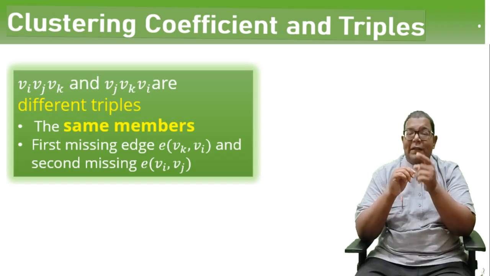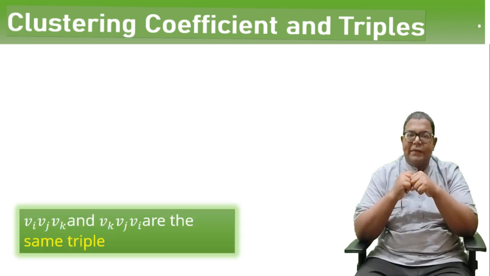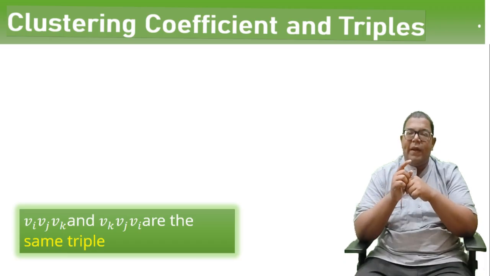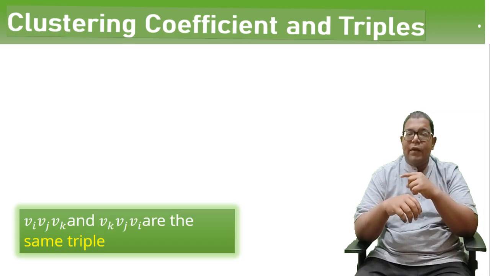If you look at the second box, they have given another triple example. We have two triples here, Vi, Vj, Vk and Vk, Vj, Vi. So they are said to be the same triple. Let us see why. Because there exists an edge from Vi to Vj and Vj to Vk. Similarly, there is Vk to Vj and Vj to Vi.